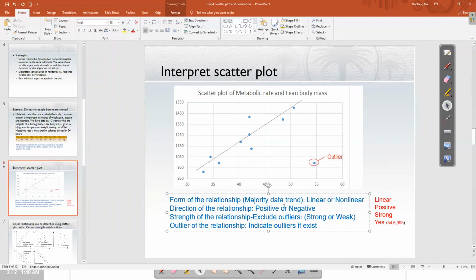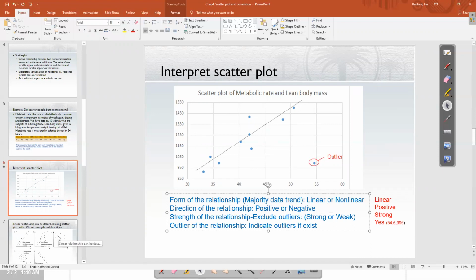When you evaluate the strength, don't include outliers. Just look at the majority of the data trend to see if the relationship is strong or weak. And then outliers: the individuals with an extreme amount of deviation compared to the others. It has to be extreme for outliers.